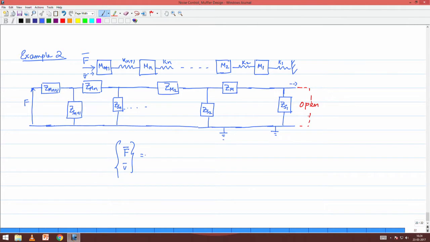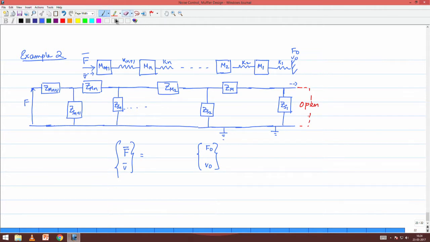This F bar and V bar has got to be related to F0 and V0, which is happening at the input end. Anyway, V0 is 0, but nonetheless we will choose to write the transfer matrix in a general form, including the effect of V0. And then each of the transfer matrices, starting from the upstream end, needs to be written one after the other, and the product has to be taken.